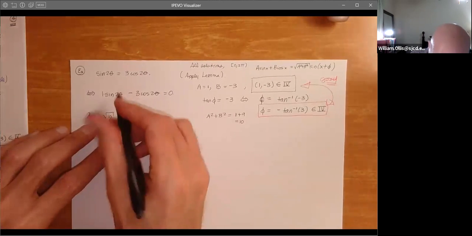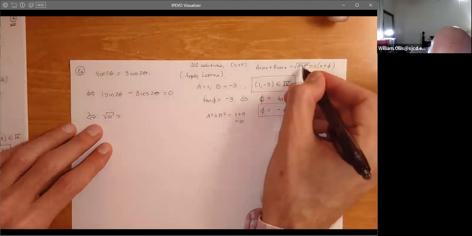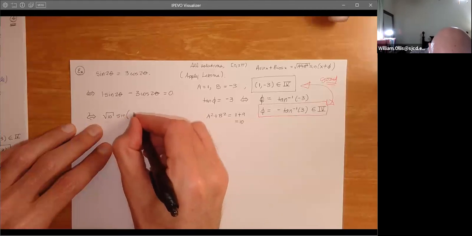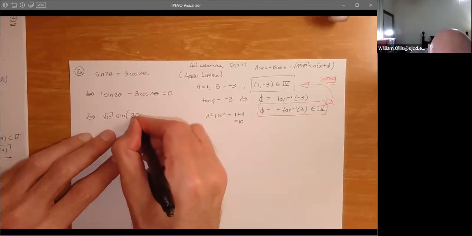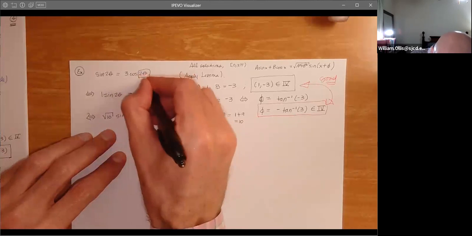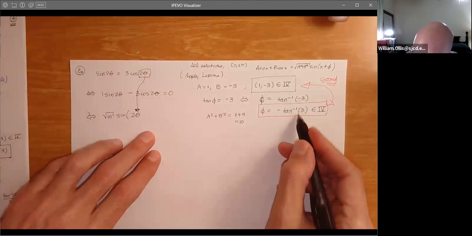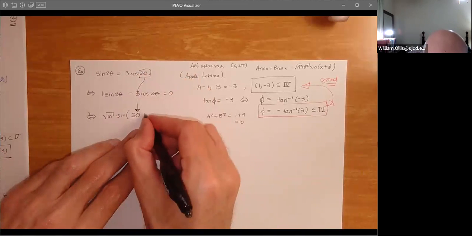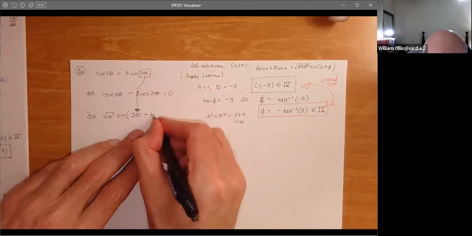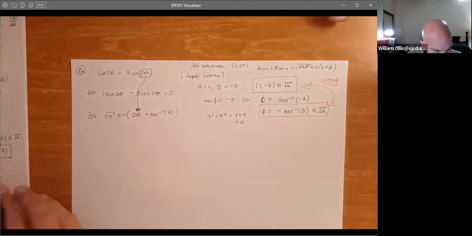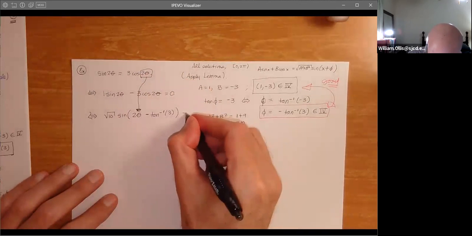So now we've got square root of 10, sine, and we have 2 theta. Again, look, we've got a 2 theta. And then we have our phi, which is minus inverse tangent of 3. And this equals 0.